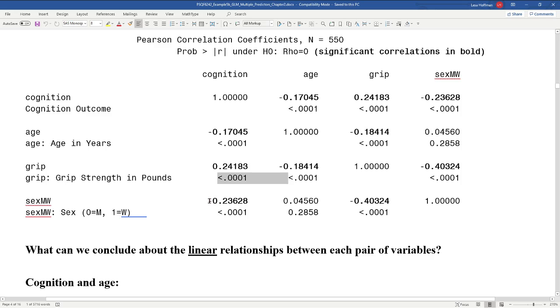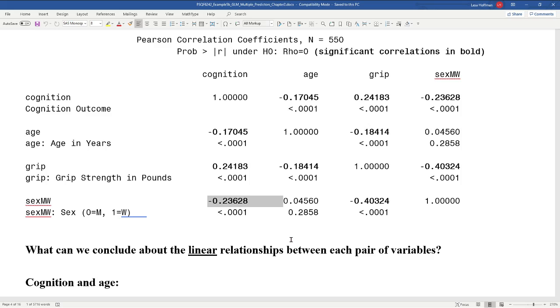And last but not least, we have cognition with gender. To interpret this correlation, you have to know how the variable is coded. In this case, men are the 0 and the women are the 1. So the negative correlation, the negative 0.24 that I have here, means as gender goes up, meaning women, cognition goes down.